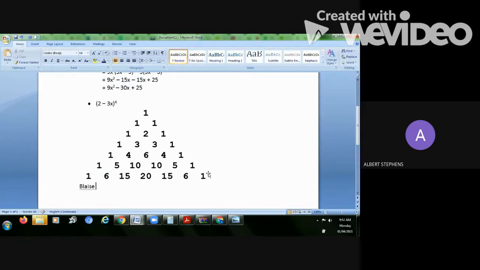I don't remember if it's a mathematician or a chemist or a physicist. His name was Blaise Pascal, and he invented something called Pascal's triangle. So write this off. I'm going to explain what it is. We're going to use this to solve questions like this when the numbers are very big. Suppose it was like 40, that would take forever.